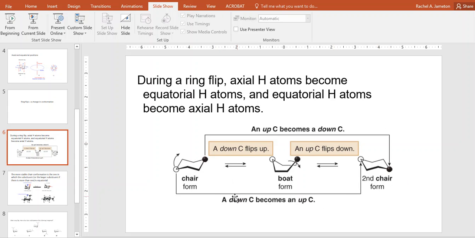So it's not like you're putting a pancake turner or spatula underneath the chair and just flipping it over. It's actually that everything that was axial becomes equatorial and vice versa. You will probably want to do this with some sort of a model, or look online for the three-dimensional images of this, so that you can really see what's happening.